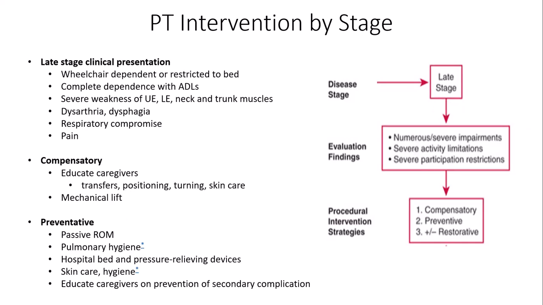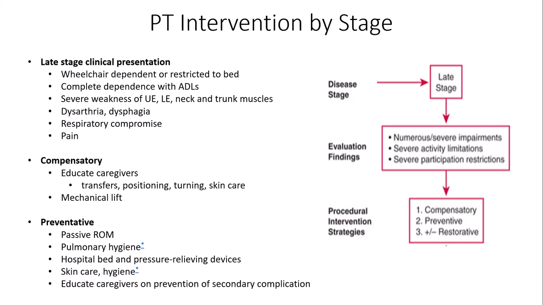Okay, finally, late stage. In the late stage, the person is going to be wheelchair dependent or restricted to their bed. They're going to be completely dependent with all ADLs, and they're going to have severe weakness of all their muscles. They may present with dysarthria, dysphagia, respiratory compromise, and pain.